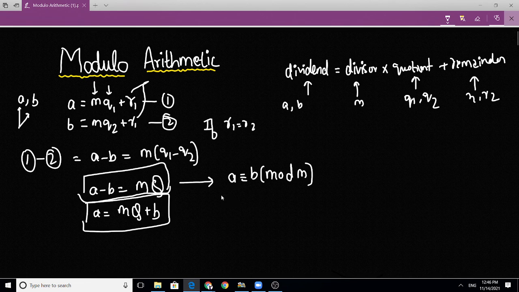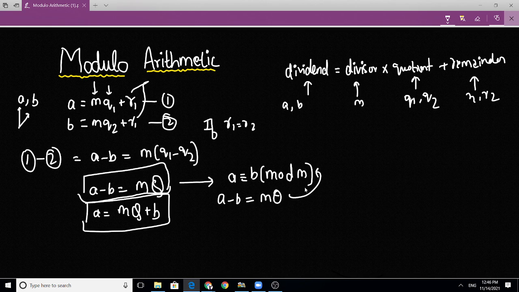If someone gives you a congruent to b modulo m, then you can write it as a minus b equals m into some arbitrary number, which is the quotient. What I do not care about is q. If you have a minus b equals m q, then you can write it as a congruent to b mod m, and if you're given a congruent to b mod m, then you can write it as a minus b equals m q.